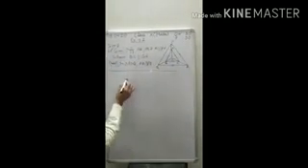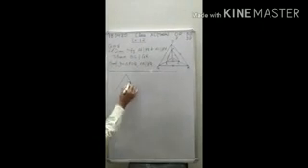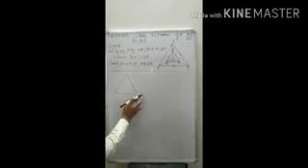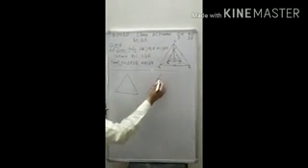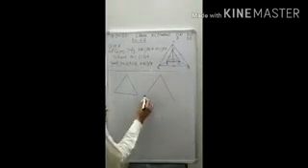On that page you have to draw 5 triangles, each of different shape and size.